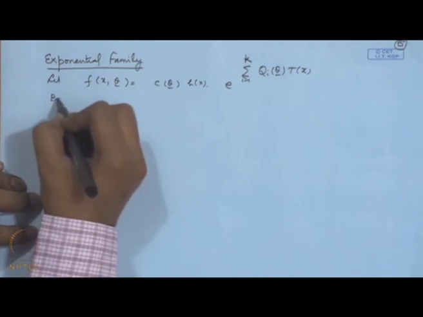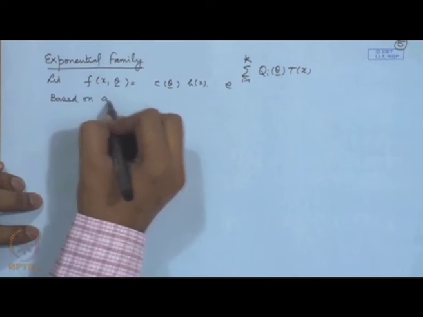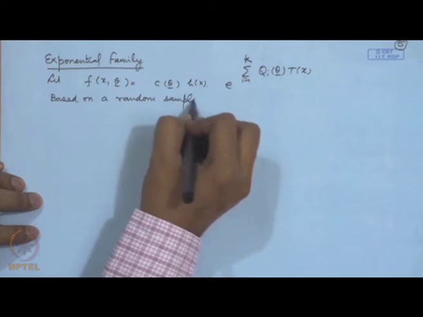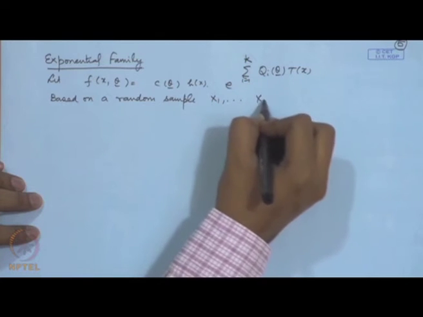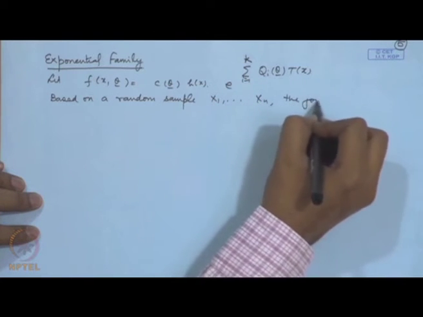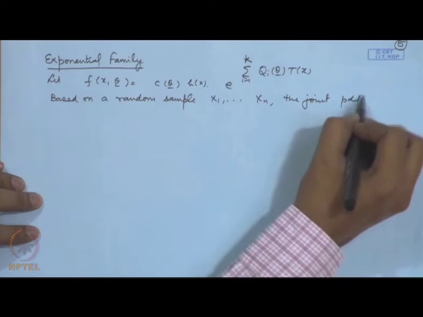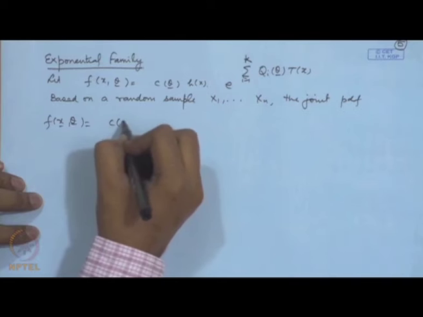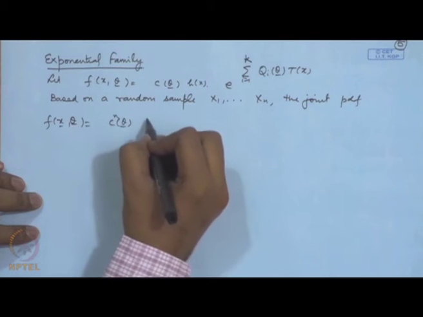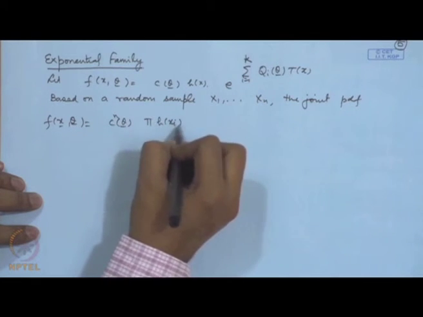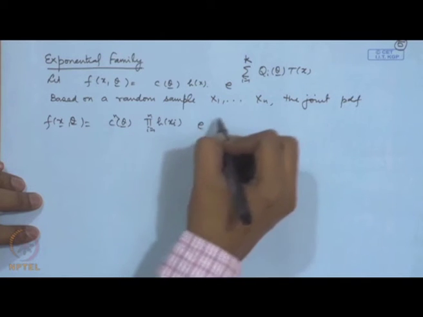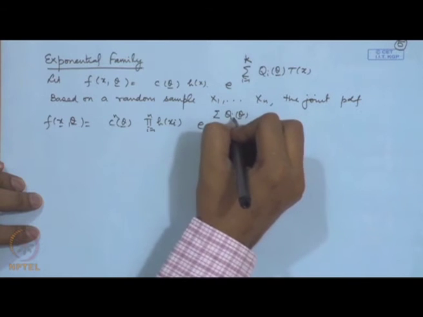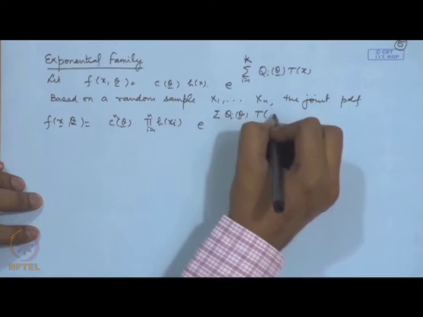So, based on a random sample x 1, x 2, ..., x n, the joint probability density function we can write as c theta to the power n product of h x j e to the power sigma q i theta t i x j, i is equal to 1 to k, j is equal to 1 to n.